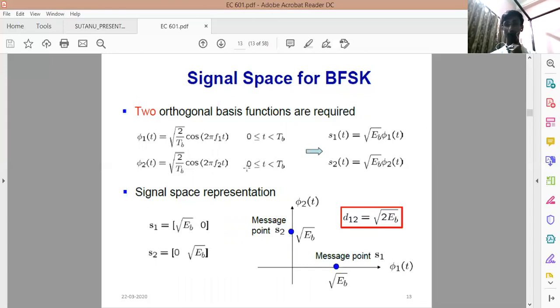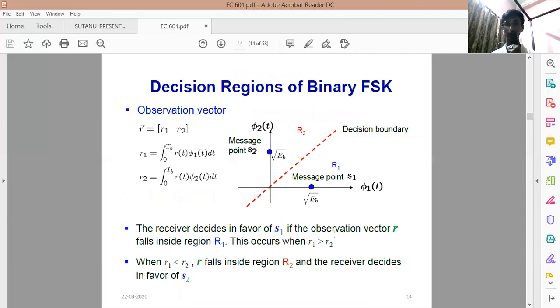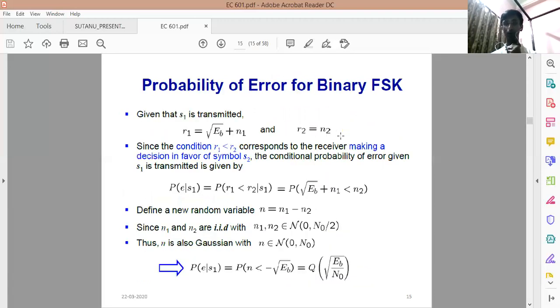When you replace it, then root TB, this S1 for 1 and S2 for 0. If you compare them, you will get an orthogonal relationship between them. Ultimately, you will get a decision boundary point between them, and we can compute the probability of error.